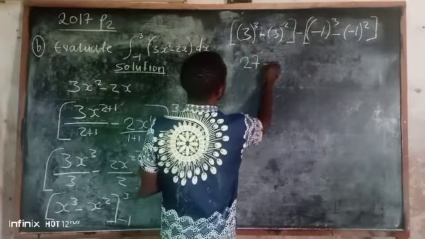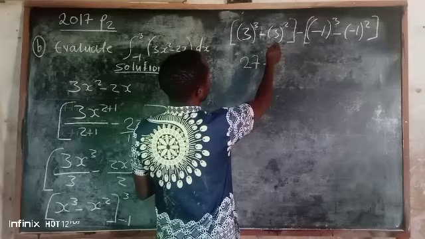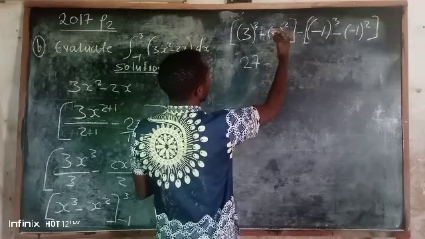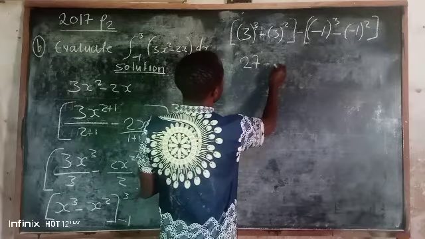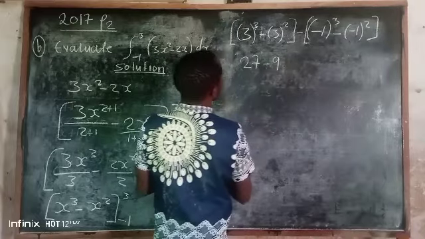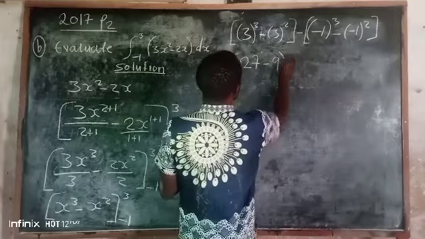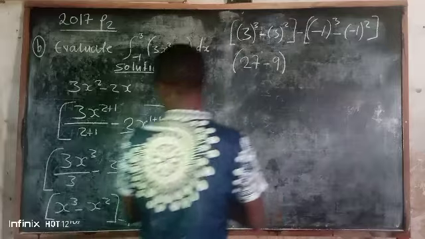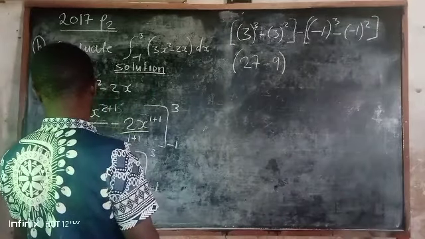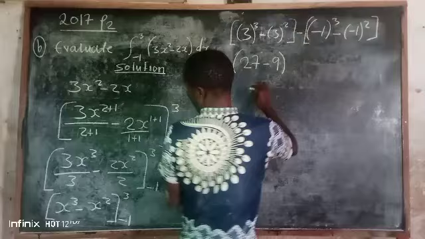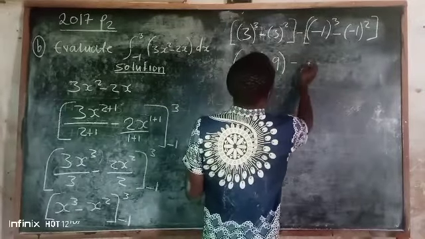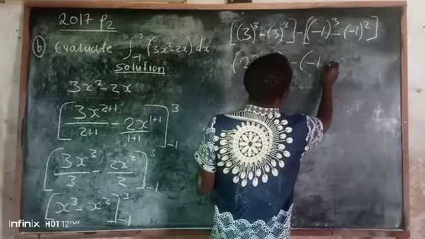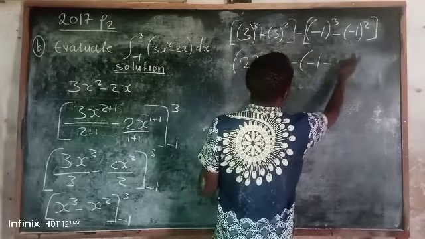So here we have 27 minus 3 squared, which is 9. Then we close and open the brackets, with the operating sign, then minus. We have (-1) cubed, which will be -1.